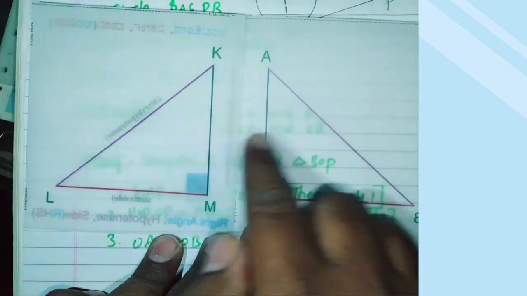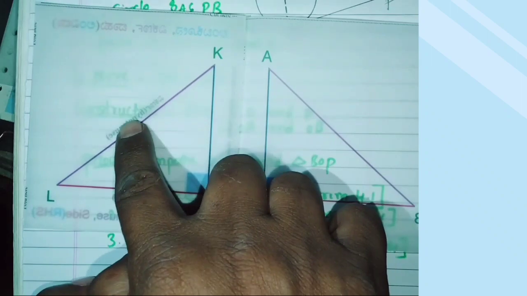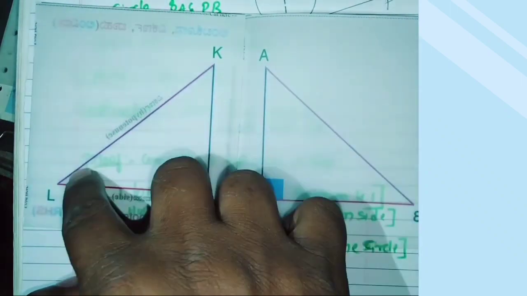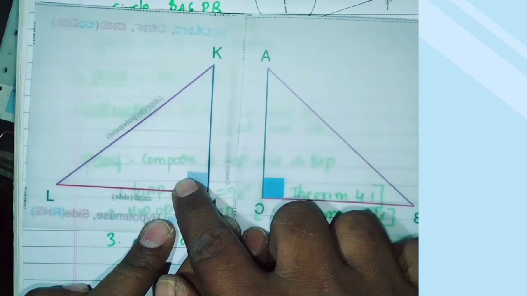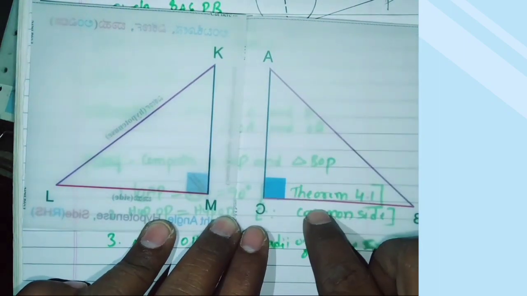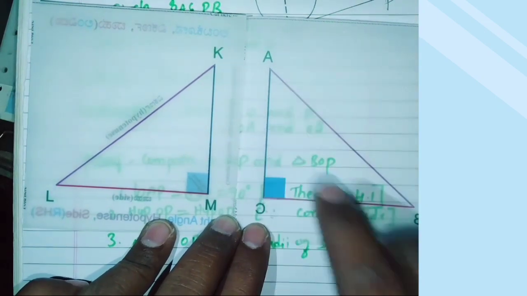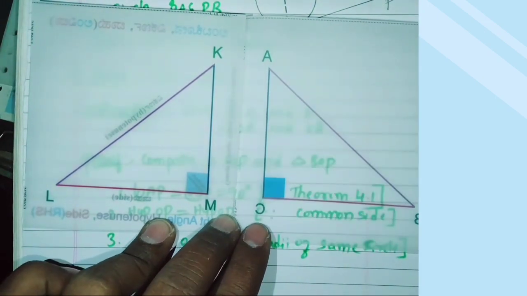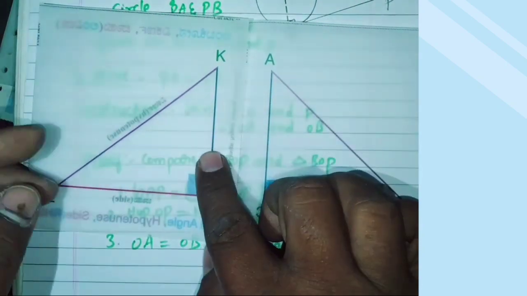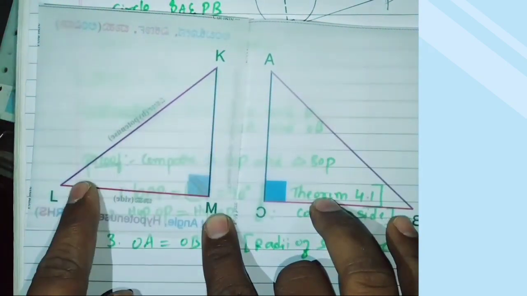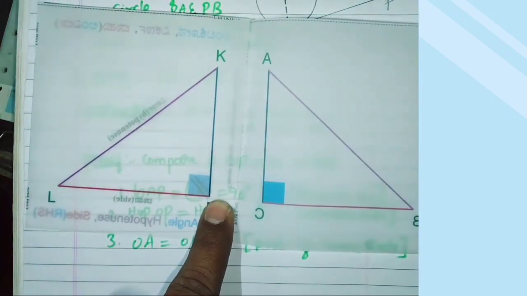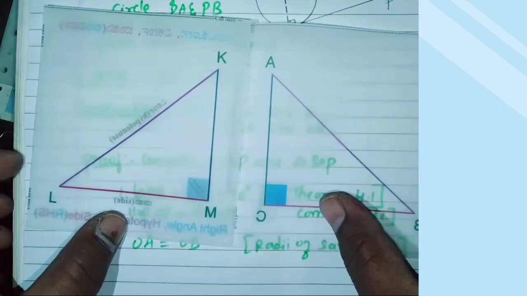If the hypotenuse and one side of a right triangle are equal to the hypotenuse and one side of the other triangle, then the two triangles are congruent. Here KL is the hypotenuse side and AB is the hypotenuse side. Now these two are congruent.